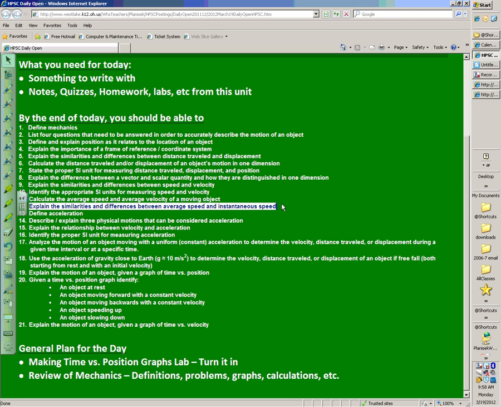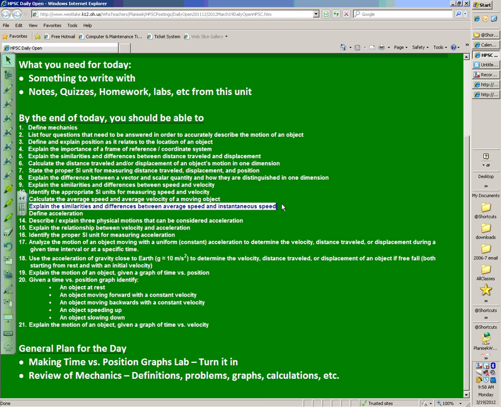Instantaneous speed tells you how fast you were going when you went past Bob Evans on Detroit Road. That would be the instantaneous speed. Does that make sense? Those are the difference between those two. But like I said, we didn't cover that really in class, so I got rid of the question on the test that related to that.